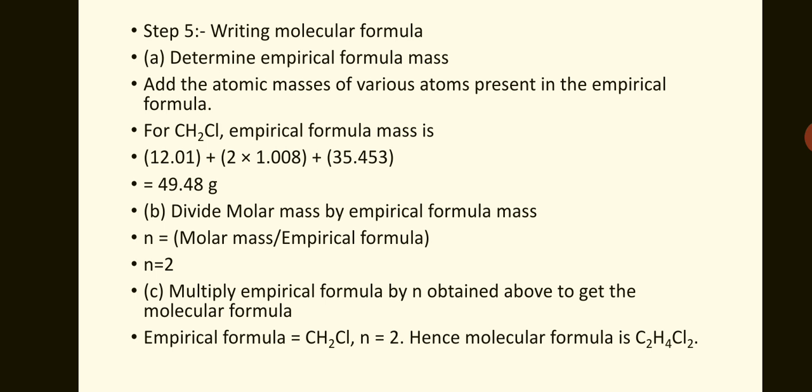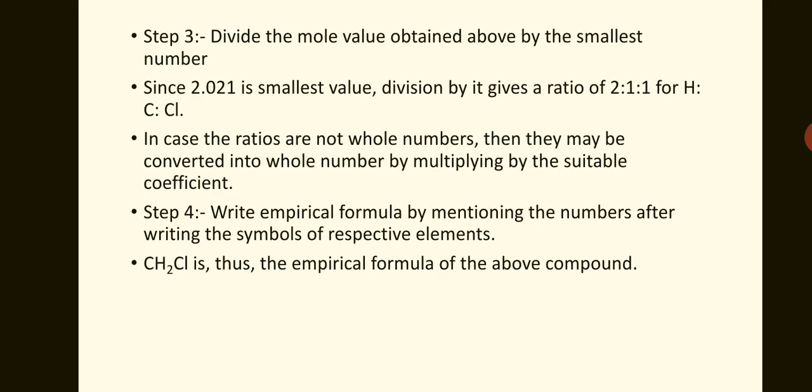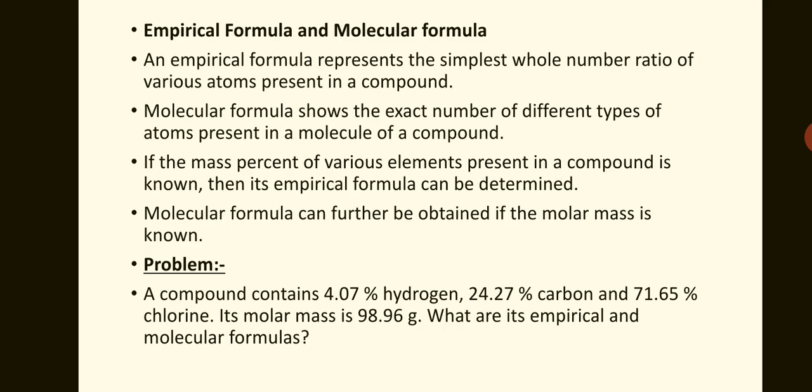Now in step 5B, divide molar mass by empirical formula mass. So we'll get N, the coefficient number. N is equal to molar mass divided by empirical formula mass. Molar mass is given to you in the question, 98.96.